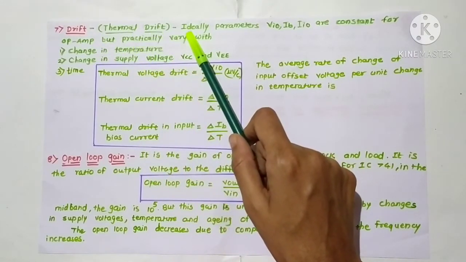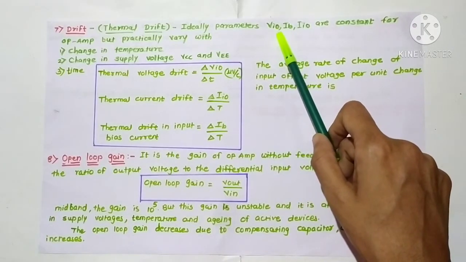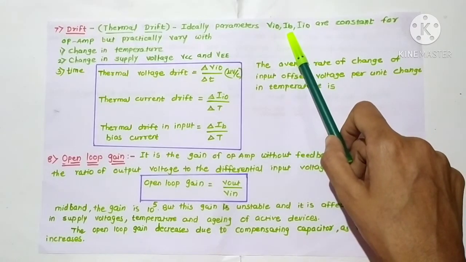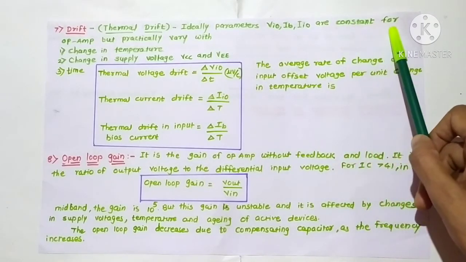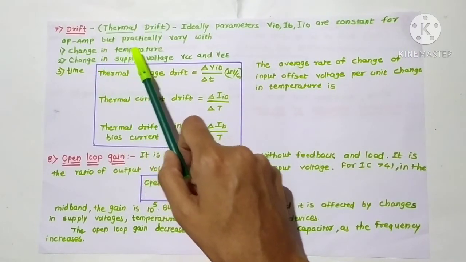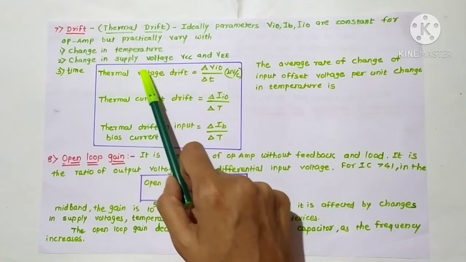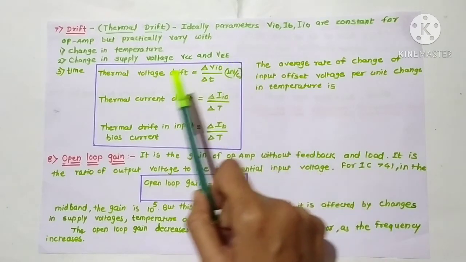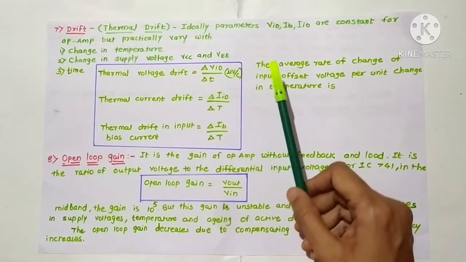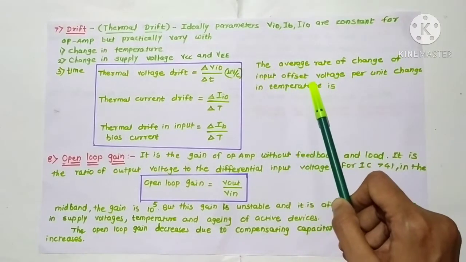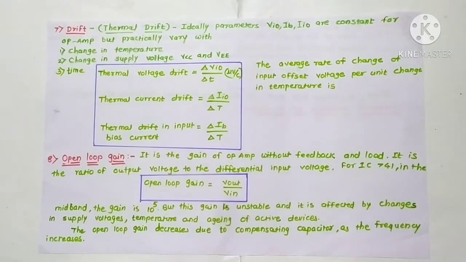The ideal parameters VIO, IB, that is input bias current, and IIO are constant for an op-amp, but practically they vary with change in temperature, change in the supply voltages VCC and VEE, and change in time. The average rate of change of input offset voltage per unit change in temperature is called drift.